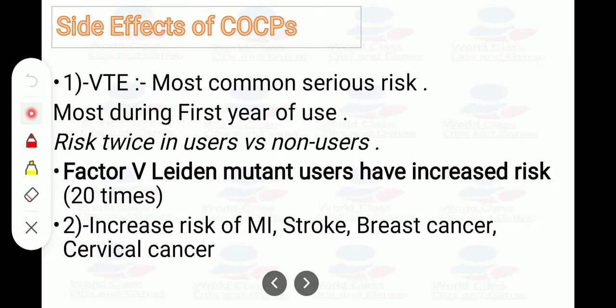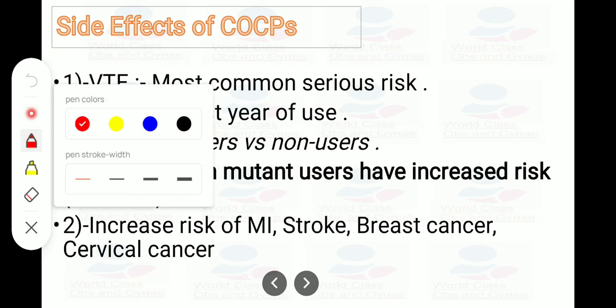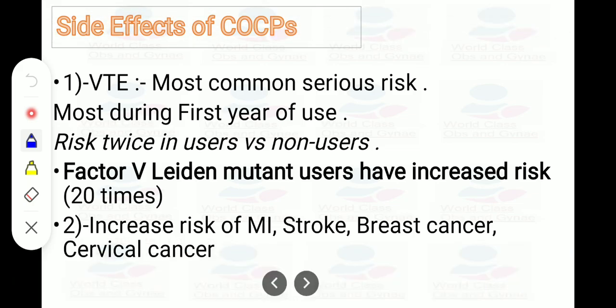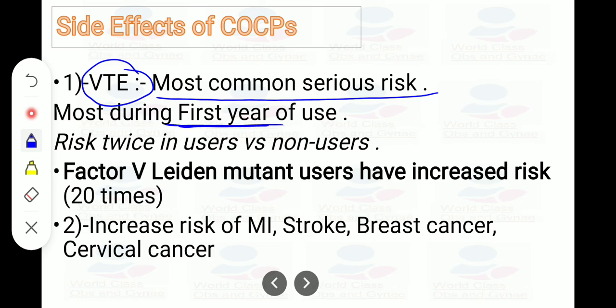Now, what are the side effects of COCPs? Whenever you prescribe COCP to a patient, the very important thing that you have to keep in mind is the risk of venous thromboembolism. The most common and serious risk of COCP is venous thromboembolism, and the highest risk is in the first year of use, and the risk is twice in users as compared to those who do not use this method.